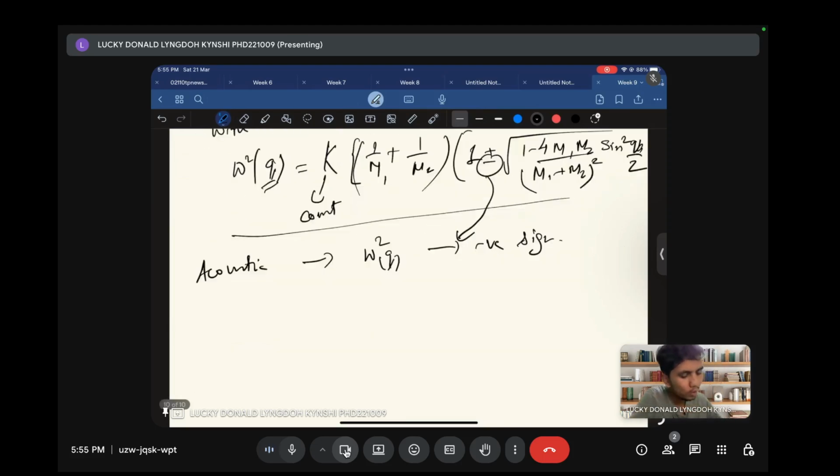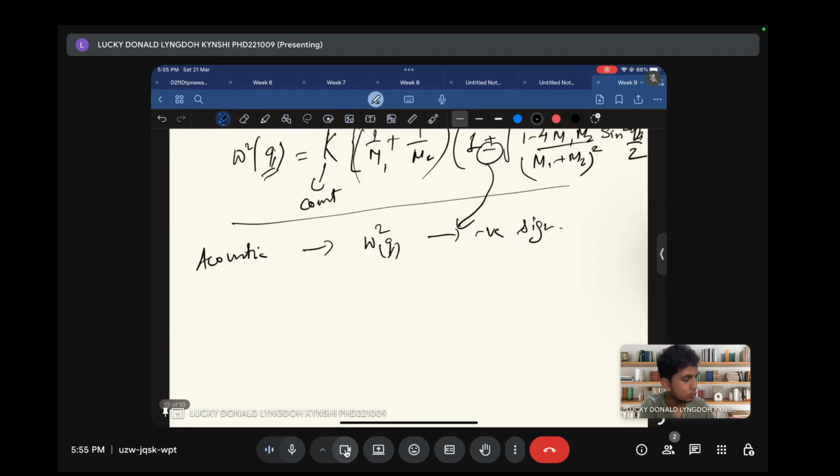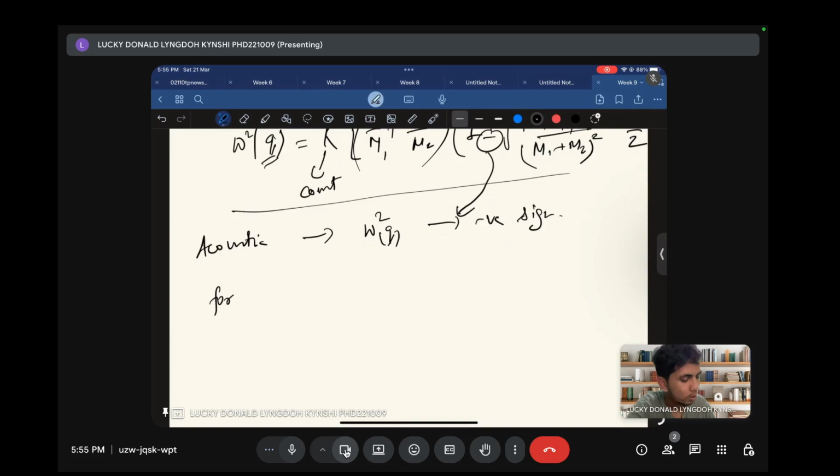So if you want to find the acoustic mode or the velocity of sound, you should be talking about the acoustic mode. In the plus minus sign inside the bracket, you will be taking only the negative sign. Also importantly, for sound the wavelength is very, very large, right? So omega, the frequency, should tend to 0, and also q should tend to 0, because q is a wave vector, 2 pi by lambda. If lambda is very large, then the wave vector goes to 0, and the frequency also tends to 0.